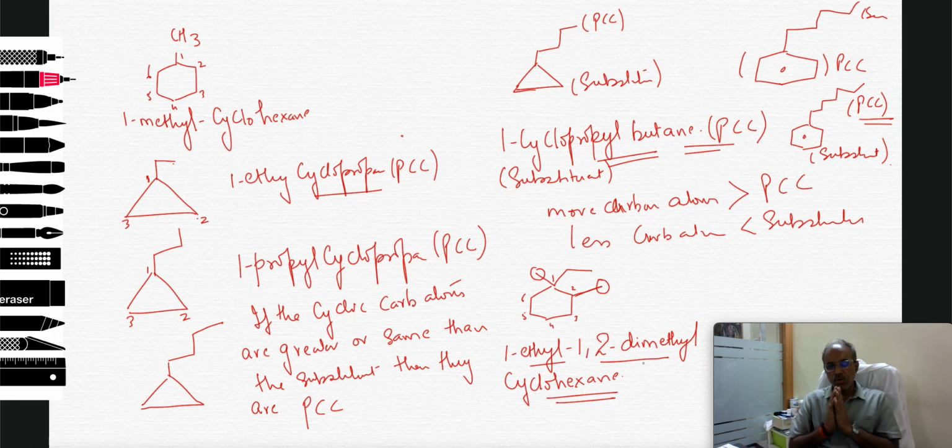So I think you might have understood now. As I told you, this is the basic IUPAC nomenclature of the alkanes. In the next lecture, we will see alkenes and alkynes. This was alkane, and next lecture we will see alkenes and alkynes.